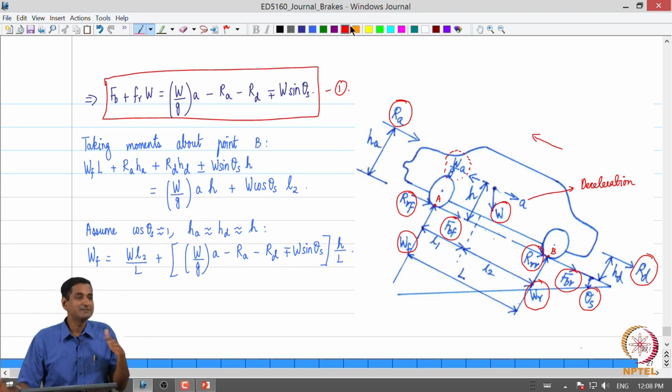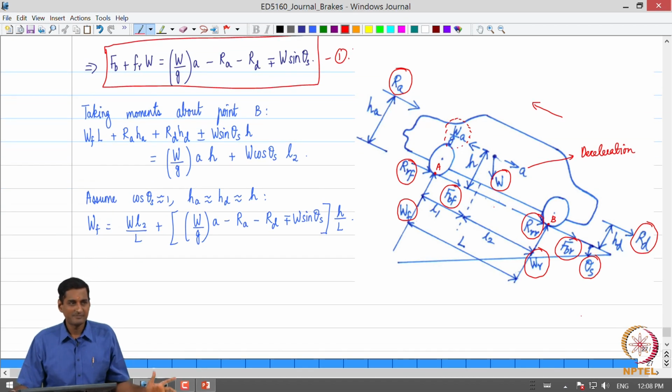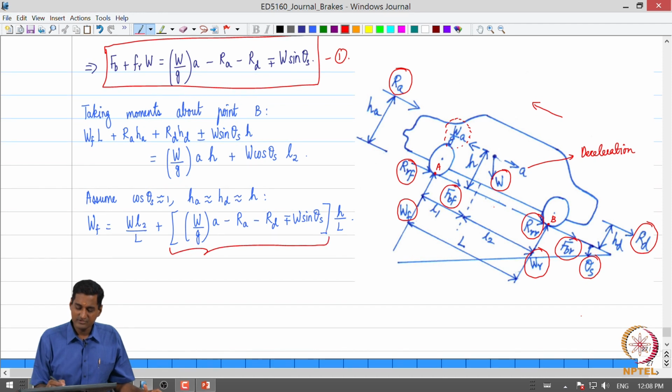So, we have already done a similar analysis before. So, this is pretty straightforward, right. So, what is the term within the square bracket from equation 1? This is nothing but FB plus FRW, right. Okay.